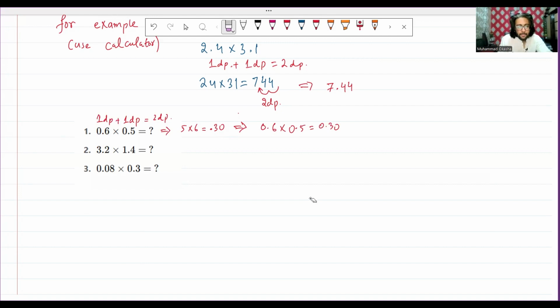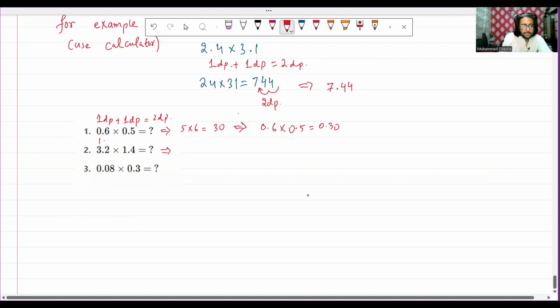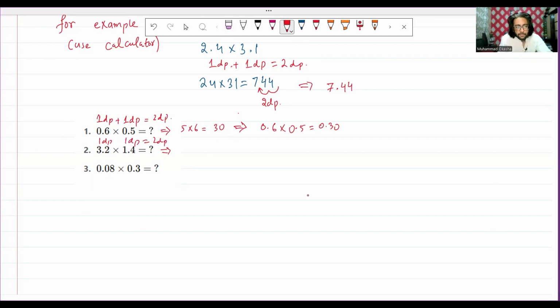Okay, I think this is also really simple. This is one decimal place. This is one decimal place. The answer is two decimal places. 32 multiplied by 14. You're allowed to use a calculator for this, but let's do it this way. 4 2s are 8. 4 3s are 12.